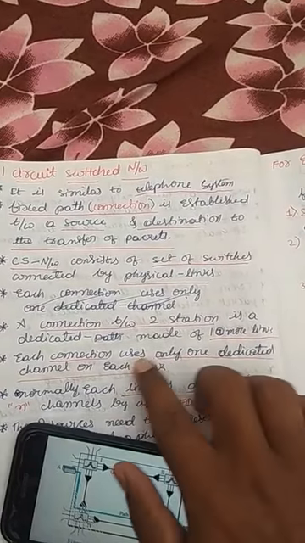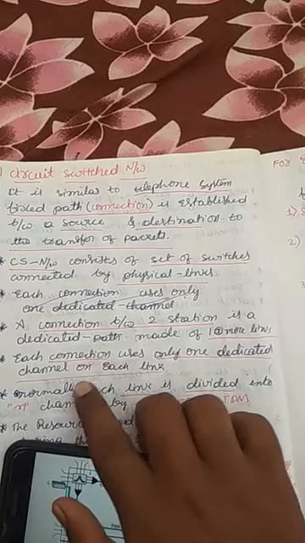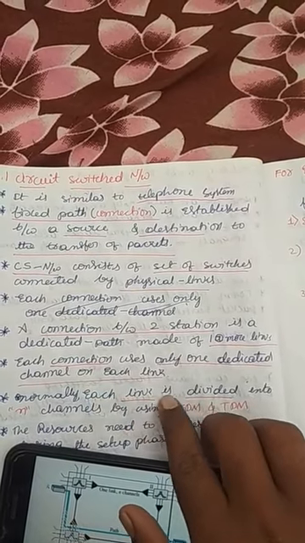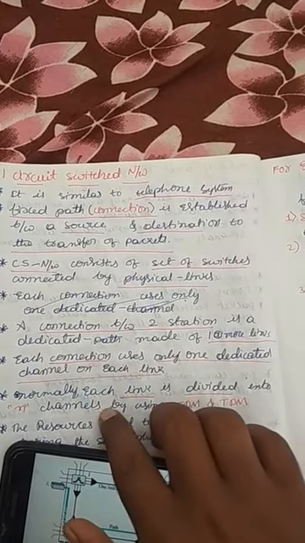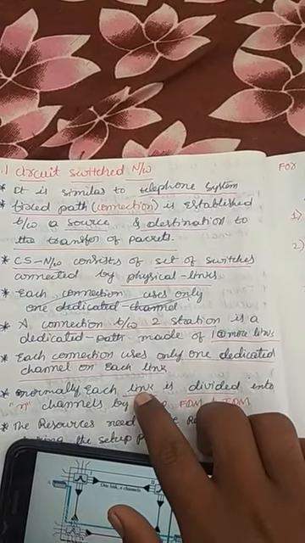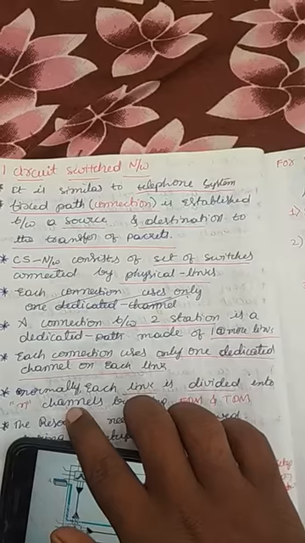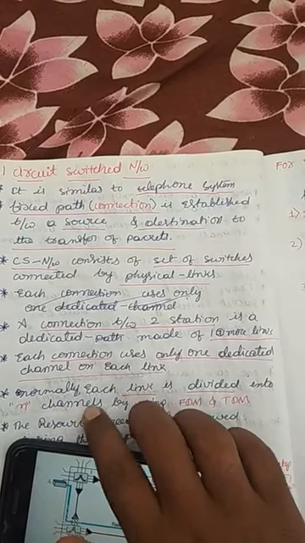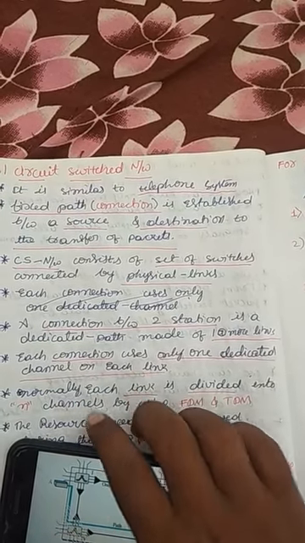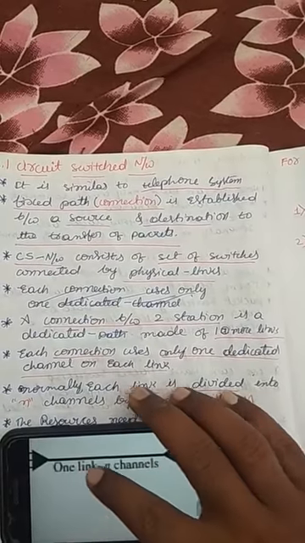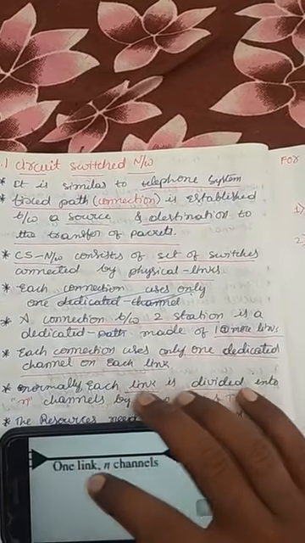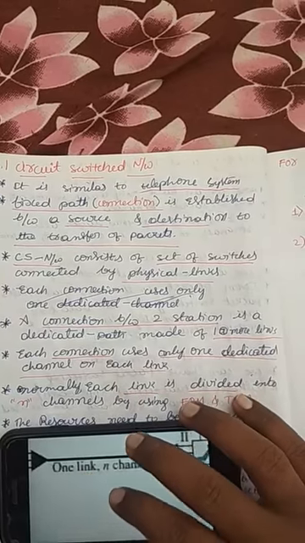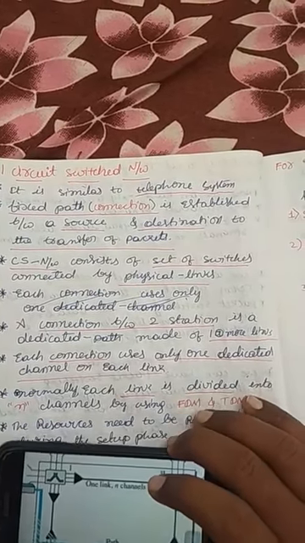That is the meaning of this. Each link is divided into n channels. You can see that in one link there will be n channels.